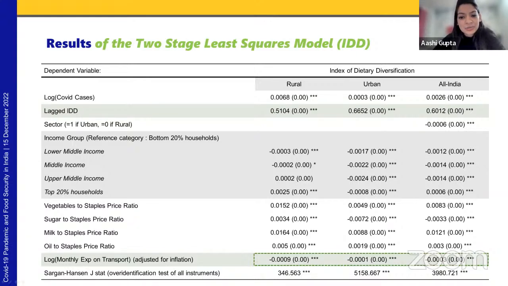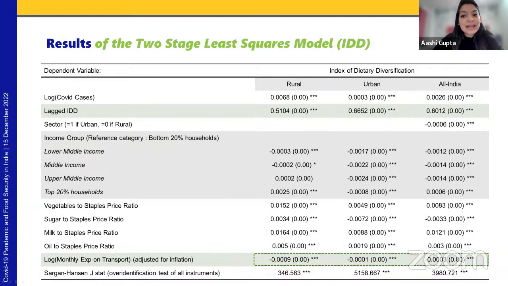Sugar may be hard to substitute, and rising prices of sugar may imply lower intake of sweets and sweeteners, but perhaps greater intake of other food categories, such as carrots, watermelons, bananas, with high sucrose content, resulting in higher dietary diversity here. Fifth, the coefficient of monthly expenditure on transport is negative.